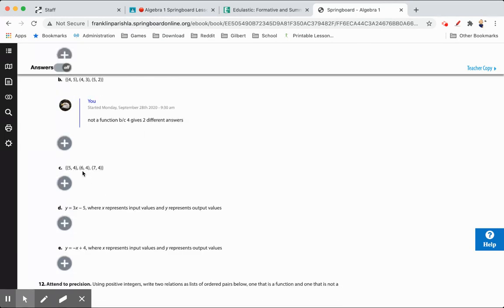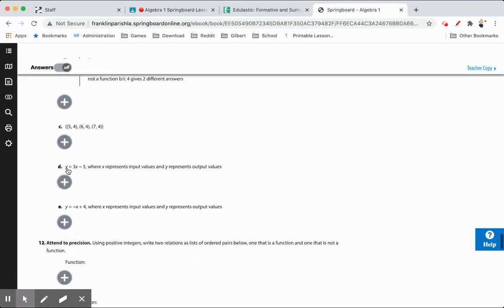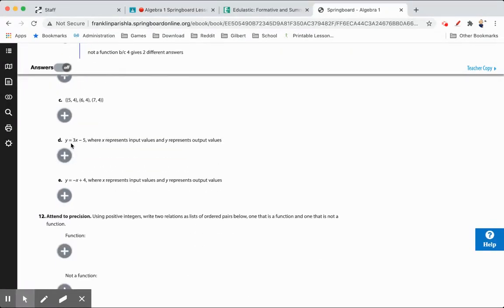C, (5, 4), (6, 4), (7, 4). I mean, they all give you the same output, but it's fine because each one only gives you one answer. So that is a function. C is a function. D, y equals 3x minus 5, where x represents input values and y represents output values. All right, this is a function.